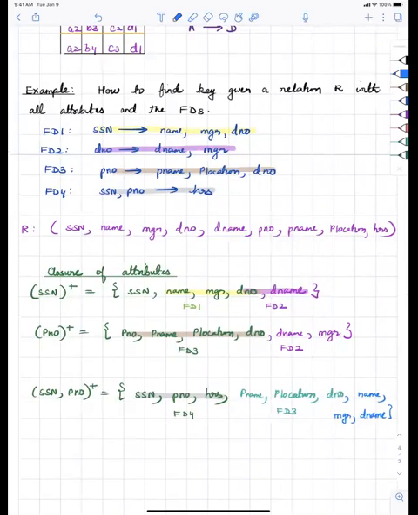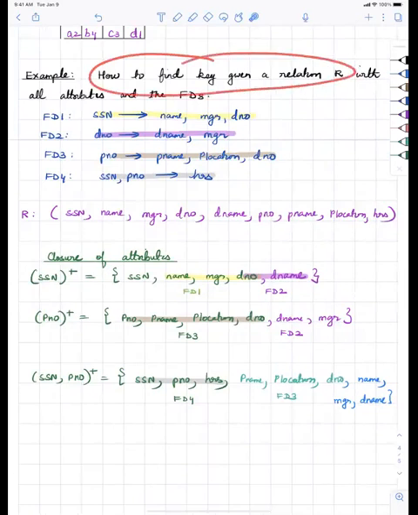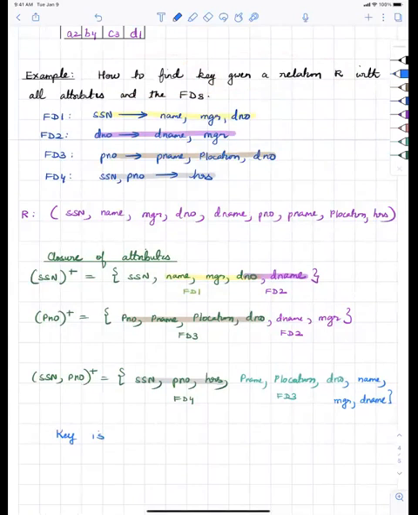So how to find the key? The whole question here was how to find the key given a relation R. So we have to find this key. So this is the key of R, and you can't go any smaller than this.